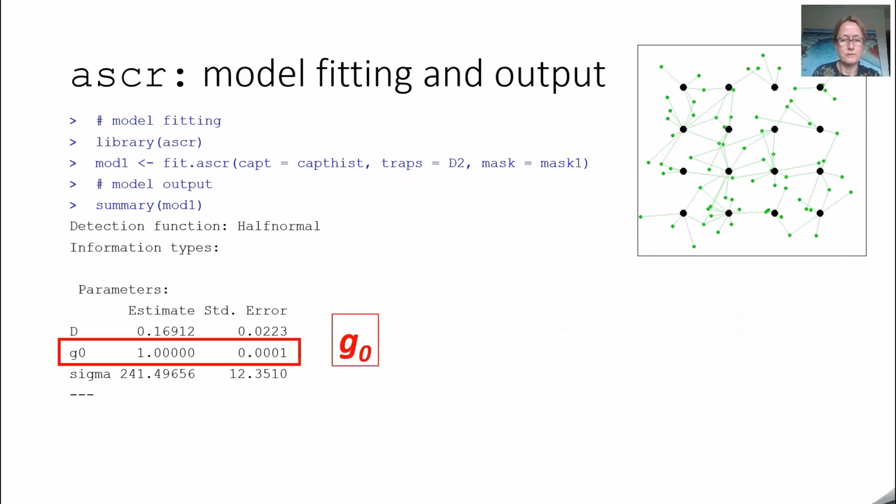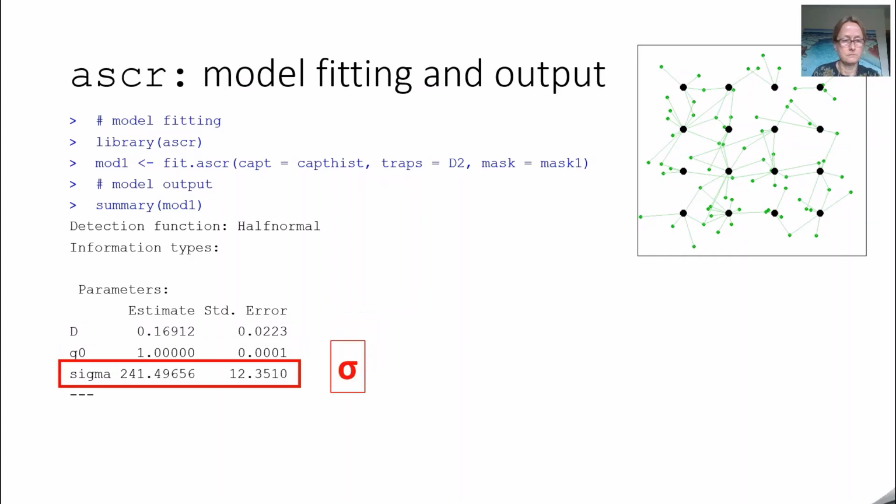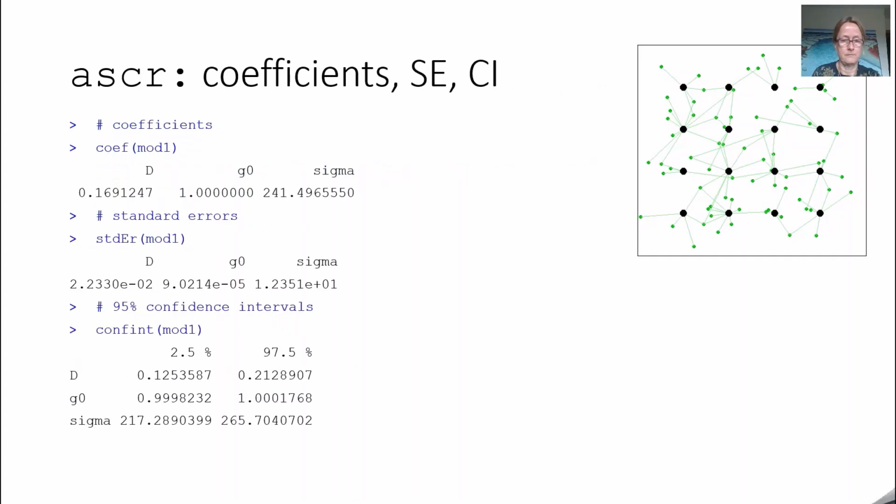Here's the estimate of G0 with its standard error. And this is the estimate of sigma. There are other functions you could use to extract the coefficients or standard errors from the model.